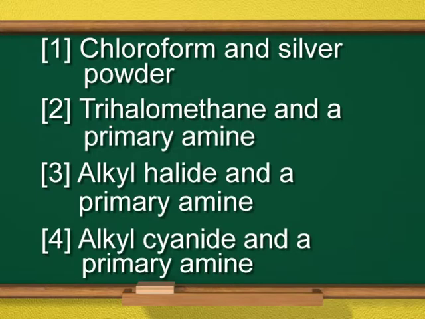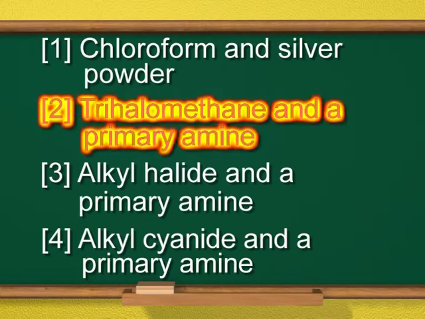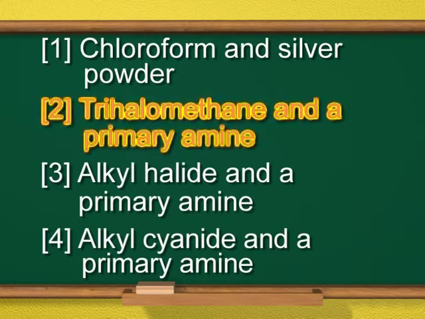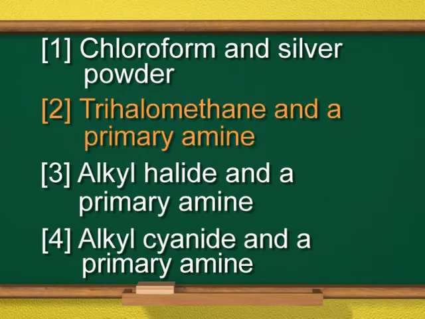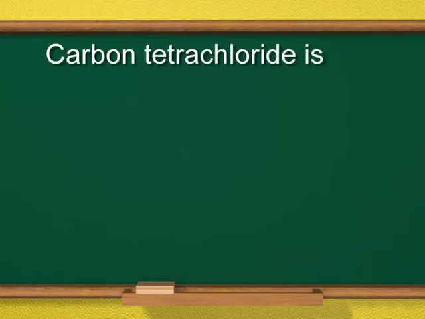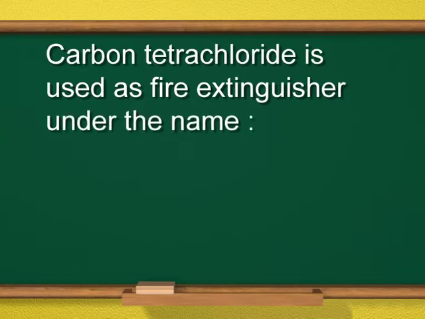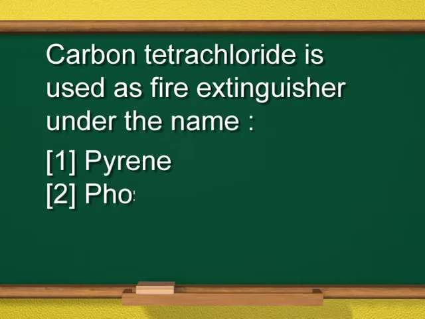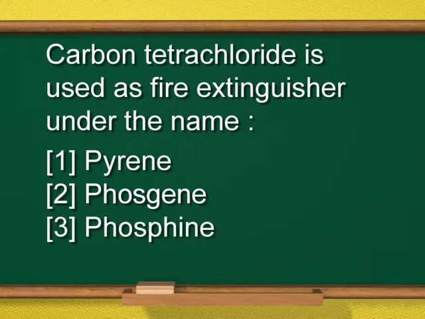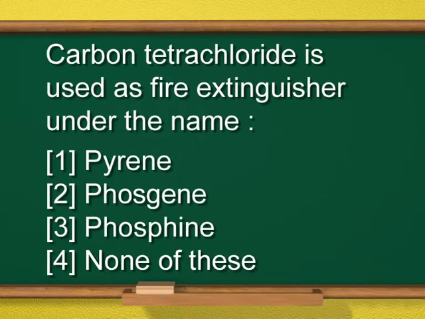The correct answer is trihalomethane and a primary amine. My next question, carbon tetrachloride is used as fire extinguisher under the name pyrene, phosgene, phosphine. None of these. And the correct answer is pyrene.